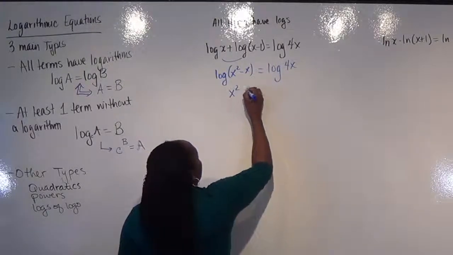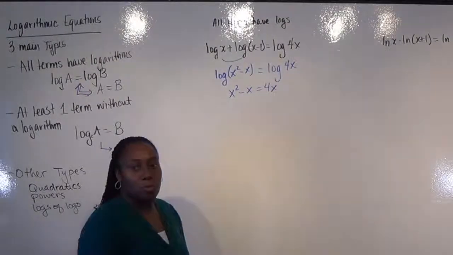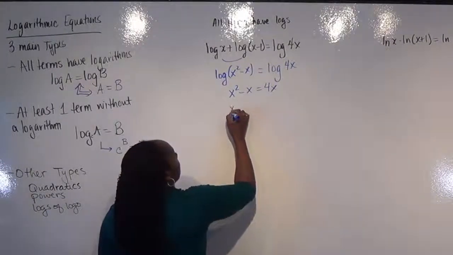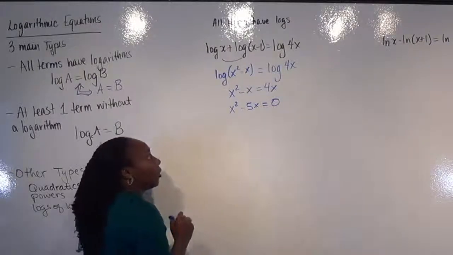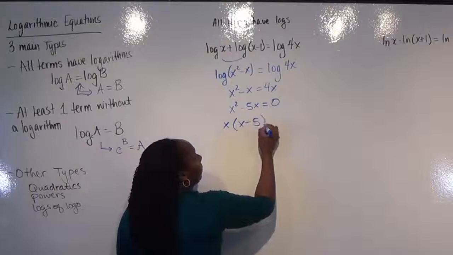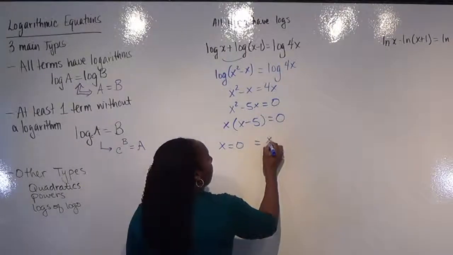So x squared minus x has to equal 4x, and now it's back to just a quadratic that I can solve. I'm going to move all the x's to one side. Here we can factor. So x will equal 0 or x will equal 5.